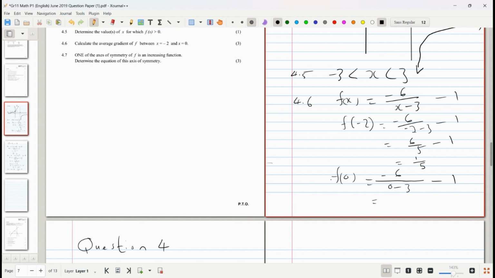Here we'll have 2 minus 1, which will give us 1.